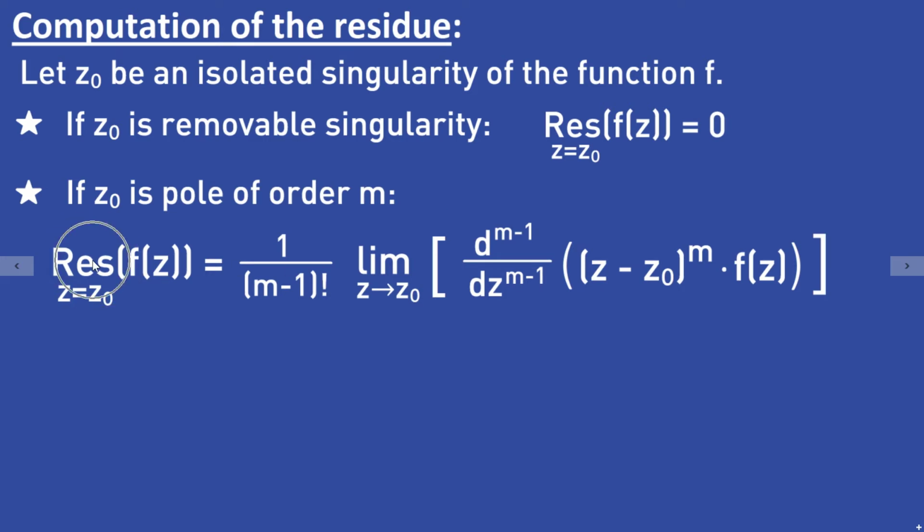The residue of f at the pole z_0 is equal to 1 divided by (m minus 1) factorial times the limit z to z_0 of the (m minus 1)th derivative of (z minus z_0) to the power of m times f of z. So if z_0 is a pole of order m, the residue of f at z_0 is given by that formula here.